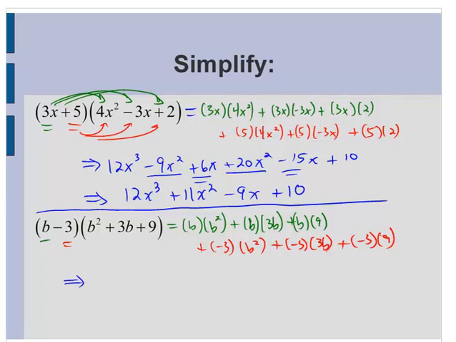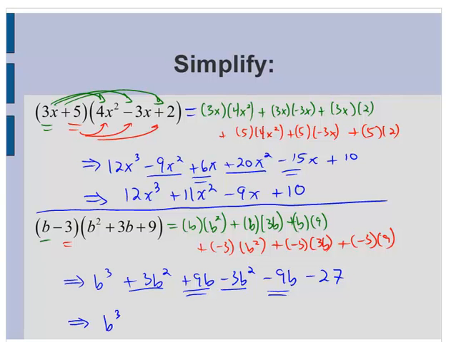Simplifying gives b cubed plus 3b squared plus 9b minus 3b squared minus 9b minus 27. Notice that plus 3b squared minus 3b squared, those go to 0. Plus 9b minus 9b, those go to 0. And so I'm left with b cubed minus 27.